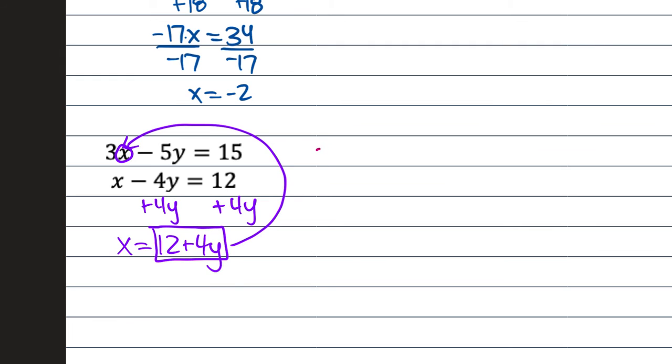And so that gives us 3, plugging in 12 plus 4y for x, minus 5y equals 15. To solve that, I need to get rid of those parentheses, so I'm going to distribute the 3. 3 times 12 is 36. 3 times 4y is 12y. And then just bringing down the minus 5y equals 15.